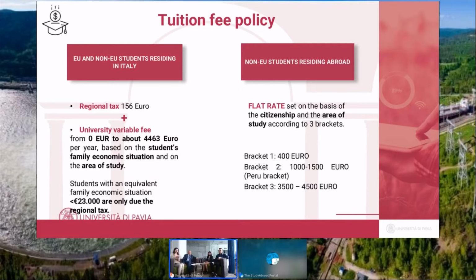In this way, your tuition fee might be reduced to only 156 euros per year. Anyway, it's just a very general number because each student has a different background and a different situation. So we can talk about this. We can give you more information maybe during the Q&A session.